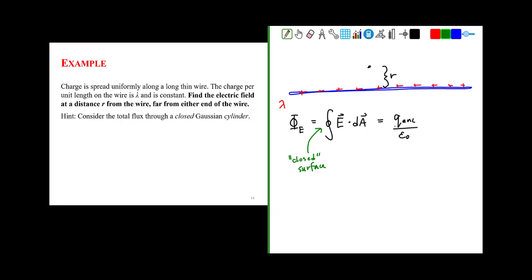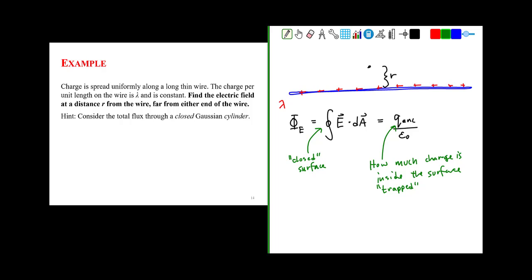And let's look at this charge enclosed. This is how much charge is inside the surface. So how much charge is inside the surface? You can think of it as being trapped. Again, using that water analogy, no water can get in or out.